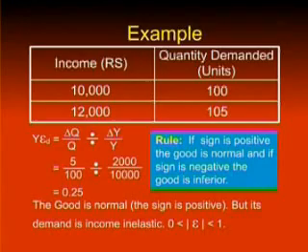Note in this example that the fact that you've got an elasticity of 0.25 does not mean that this is an inferior good. That is only the case when elasticity is negative. The fact that it is 0.25 and inelastic merely means that a smaller proportion of the increase in income is spent on the good.